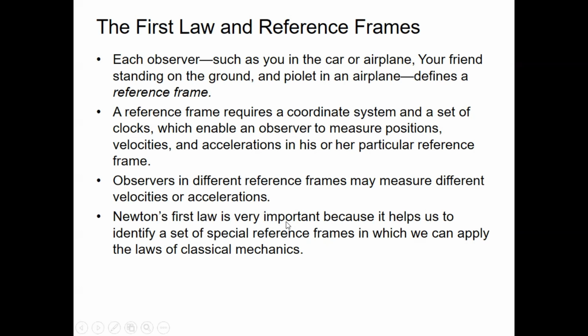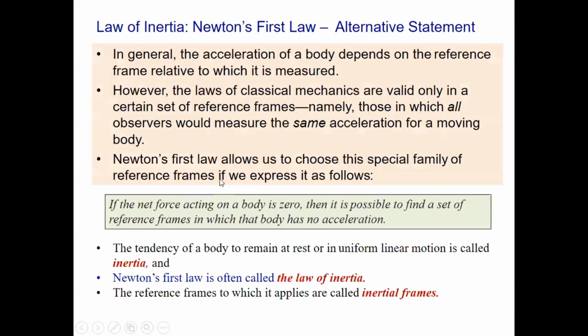So Newton's first law is very important. It helps us to identify a set of specialized reference frames in which we can apply the laws of classical mechanics. Let's see how we are going to interpret Newton's first law using the idea of inertia. In general, the acceleration of a body depends on the reference frame relative to which we measure.